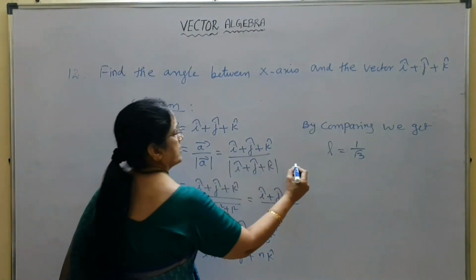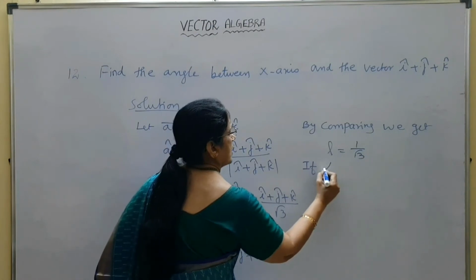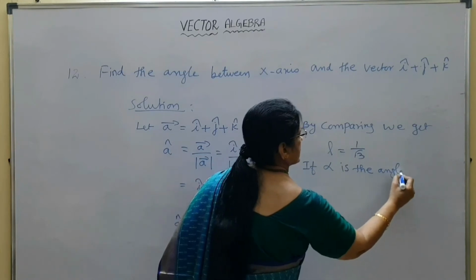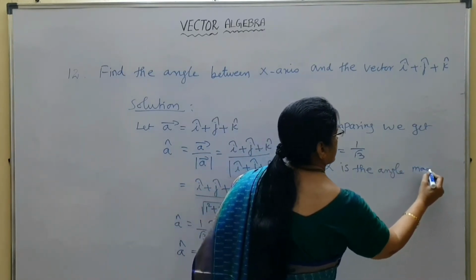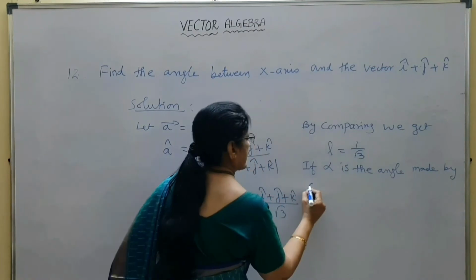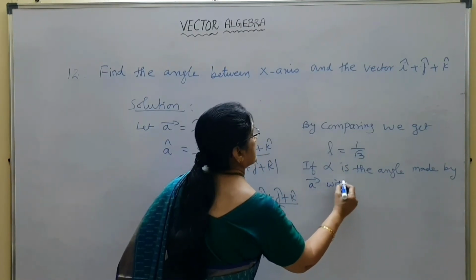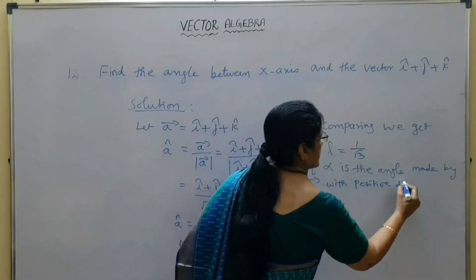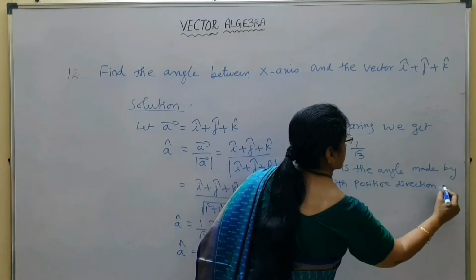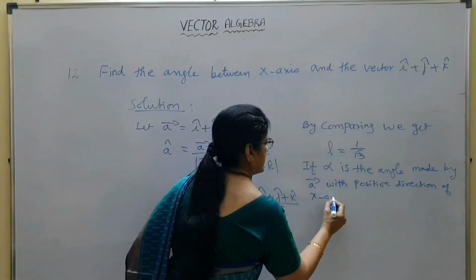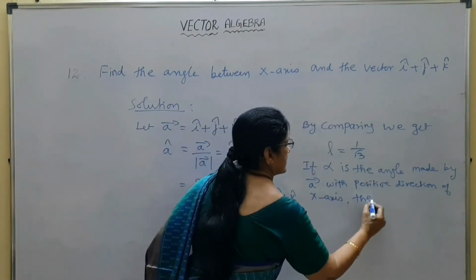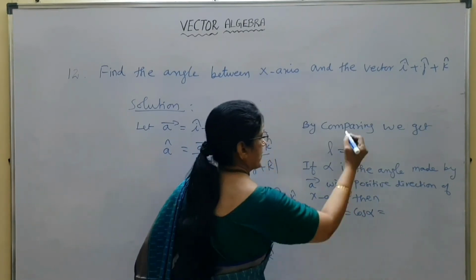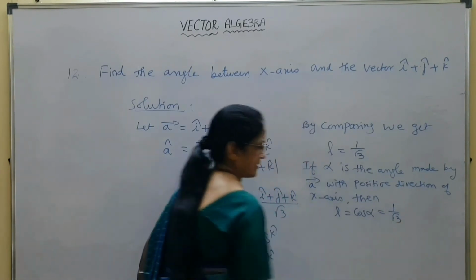So, if alpha is the angle made by A vector with the positive direction of x-axis, then l is equal to cos alpha is equal to 1 by root 3.